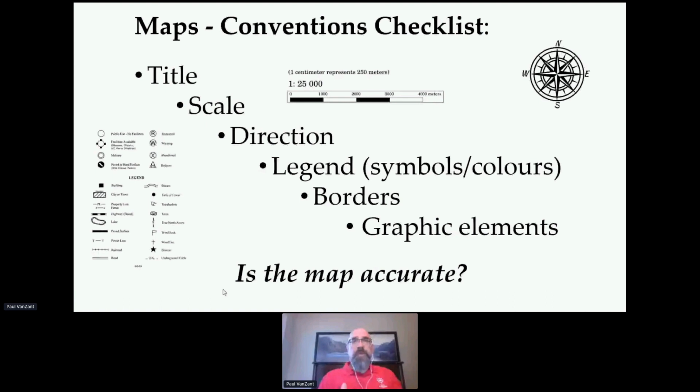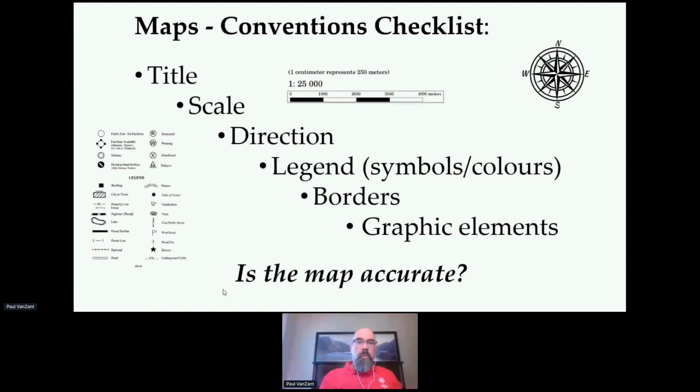Everything from an appropriate title that introduces location and purpose, to understanding the patterns that they see on the screen through the symbols and colors, to often border illustrations or things that are put off to the side or specific graphic elements incorporated into the maps that will help them. And then, of course, by identifying these things, we can start to better judge the quality of the maps that we're dealing with as well.